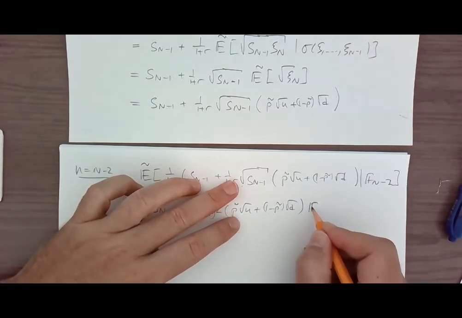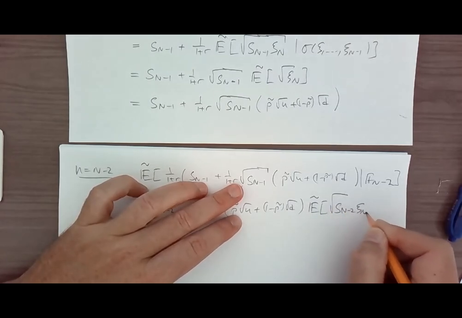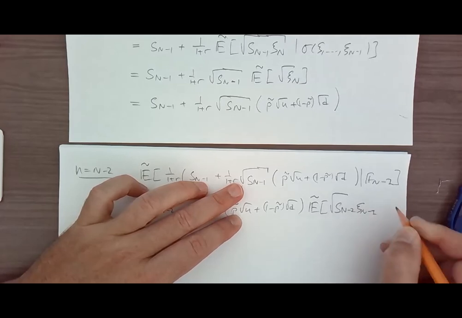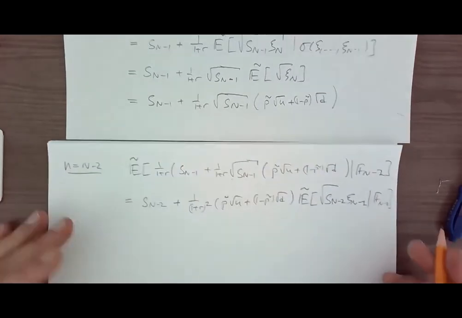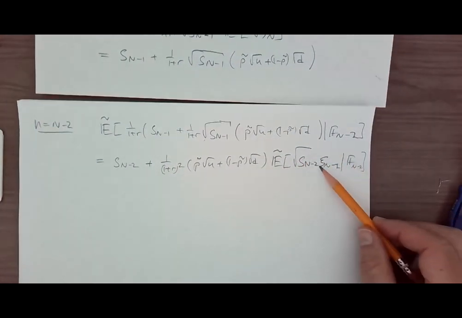And then what we will have in here is we want to decompose Sn minus 1 into Sn minus 2 times psi n minus 1 and condition on Fn minus 2. And now we have exactly the same scenario as before. The first one is measurable, the second one is independent.